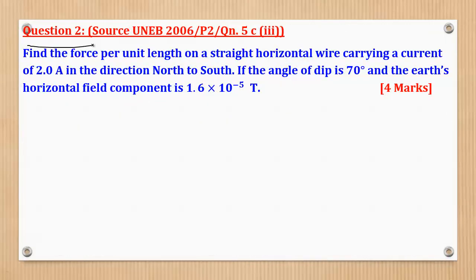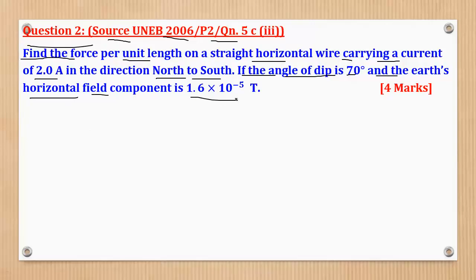Then question 2 came from UACE 2006 part 2, question 5C Roman 3, and says, find the force per unit length on a straight horizontal wire carrying a current of 2 amps in the direction north to south if the angle of dip is 70 degrees and the Earth's horizontal field component is this, that is BH now.